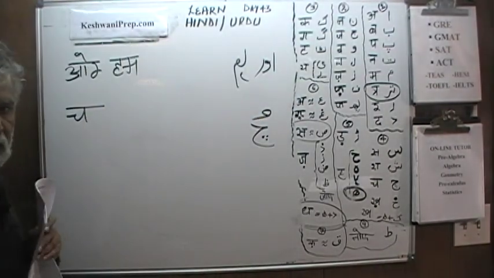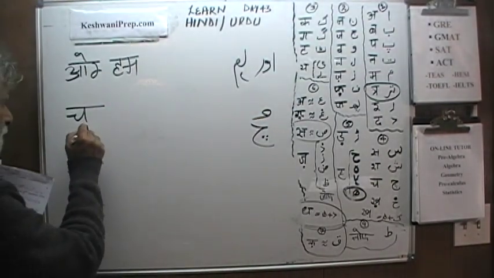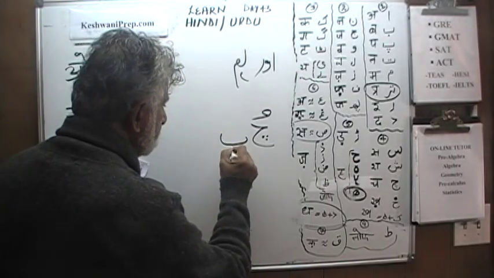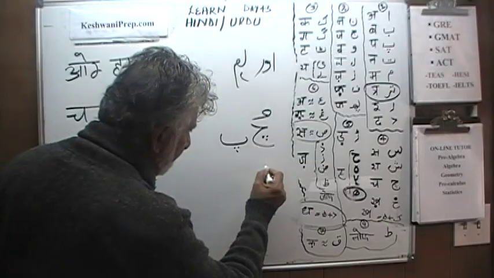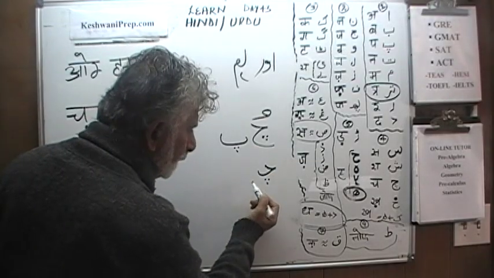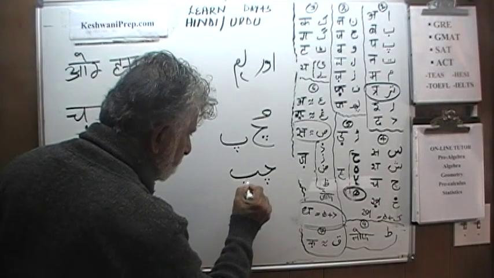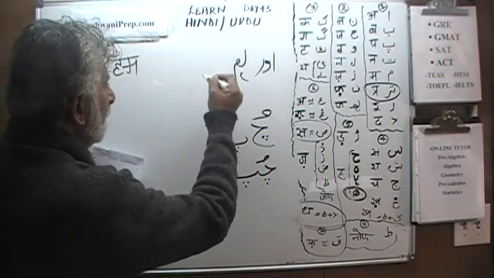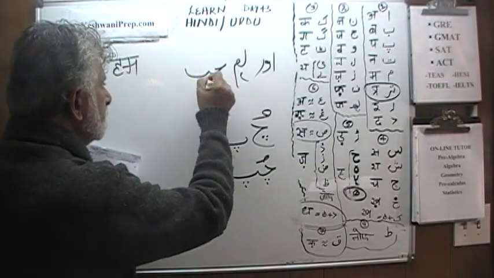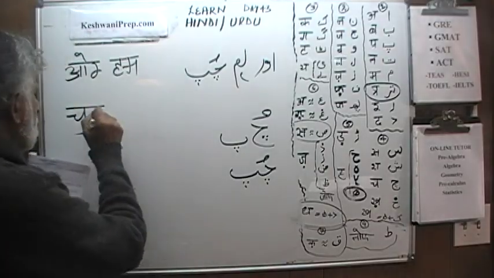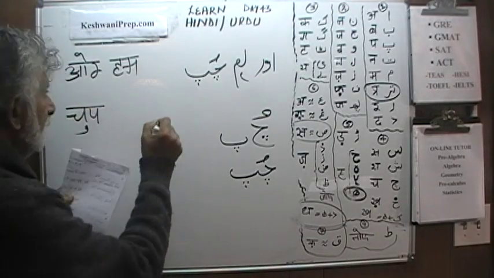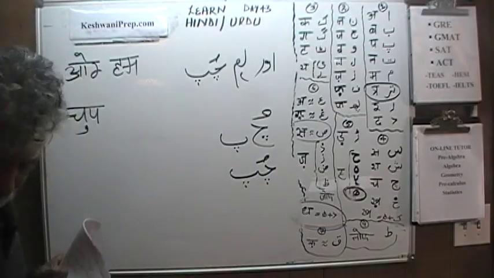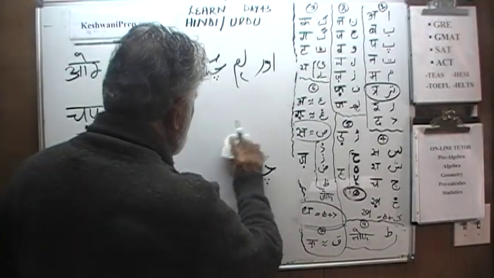We need the choti u ki matra, and then a pa. Chup. When cha joins, instead of looking like this, it takes this shape, to which we're going to join the pa. Chup. Aur hum chup.